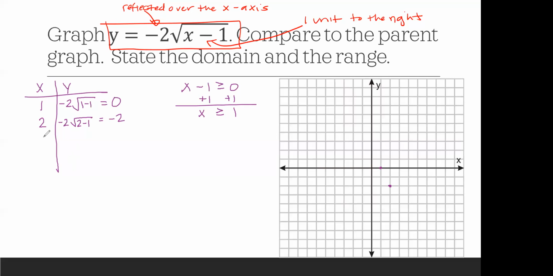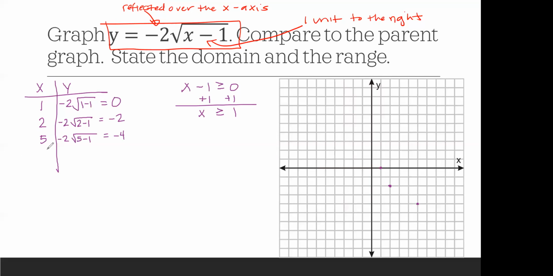Then I'm going to plug in 5. The reason I'm plugging in 5 and not 4 is because 5 minus 1 is 4, and the square root of 4 is 2. And 2 times negative 2 is negative 4. So when x is 5, y is negative 4.